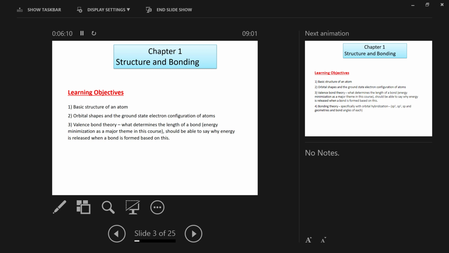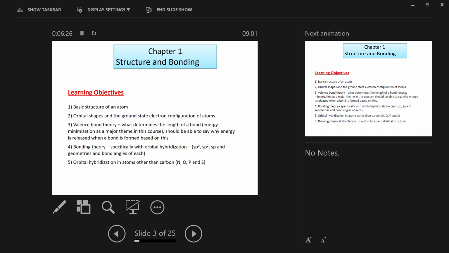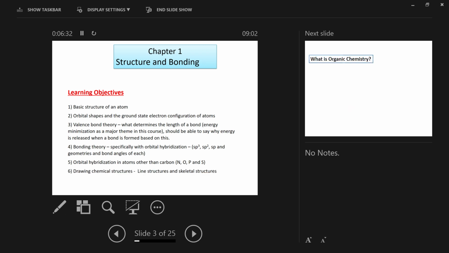In this course, you should be able to say that energy is released when a bond is formed. Based on this bonding theory, specifically with orbital hybridization, sp3, sp2, sp, and geometries and bond angles of each. Orbital hybridization of atoms other than carbon: nitrogen, oxygen, phosphorus, and sulfur. Graphing chemical structures.